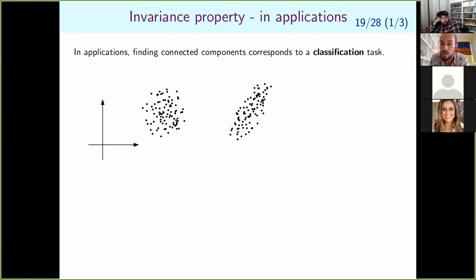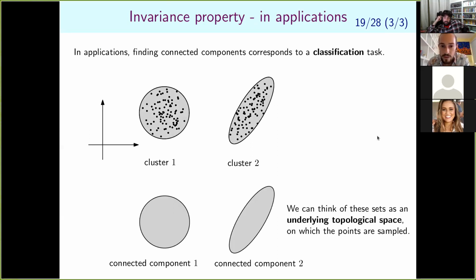Because, well, if you apply any algorithm to that, you will, I hope, obtain 2 clusters, right? As you can see. But you can see these 2 clusters as the connected components of some underlying space from which the points come from.